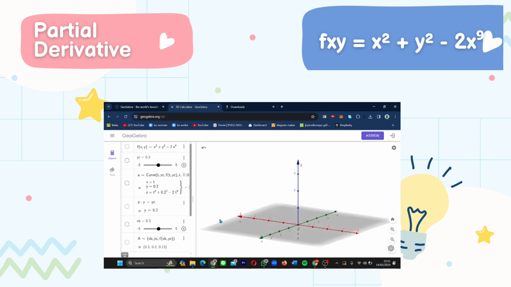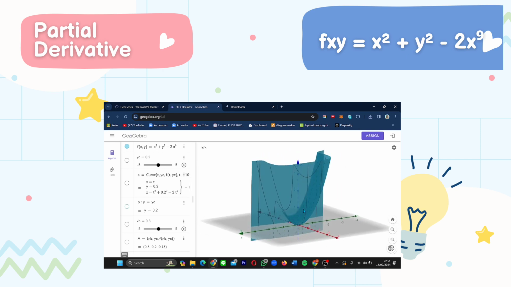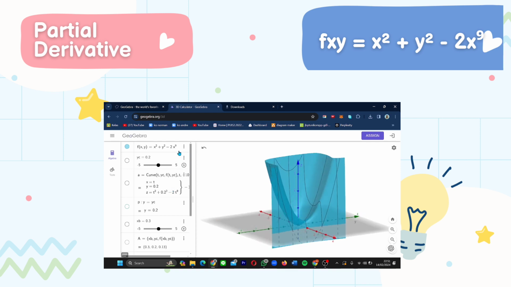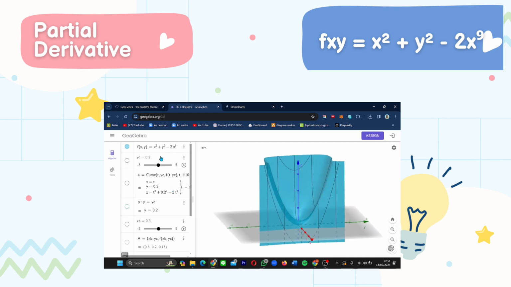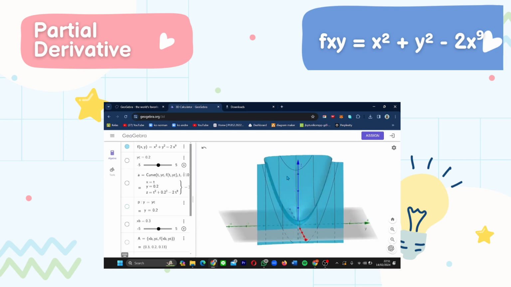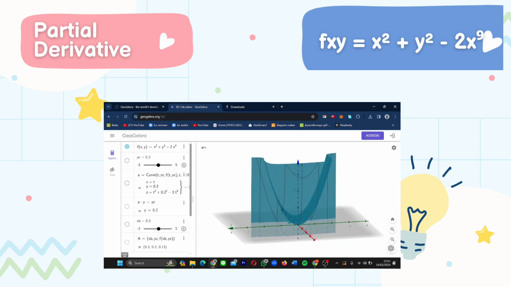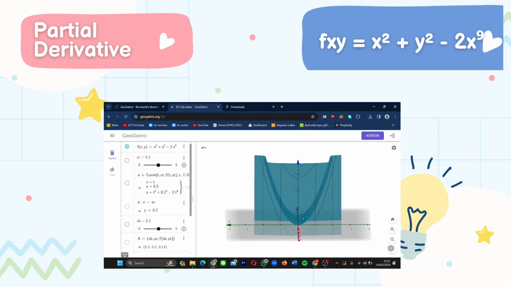Okay, now we use GeoGebra. We use GeoGebra to visualize the graph of our equation. Here is the graph of our equation for the example of the partial derivative. As you can see, the graph has a big slope in the middle.